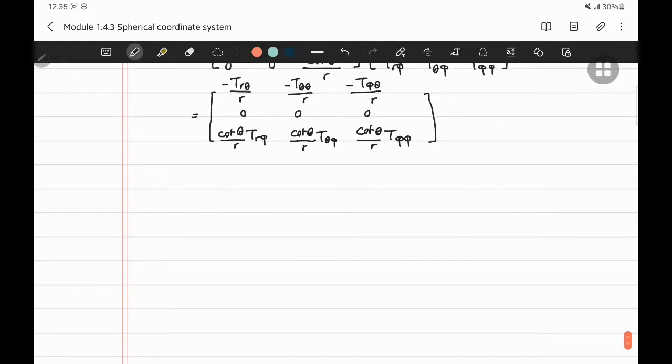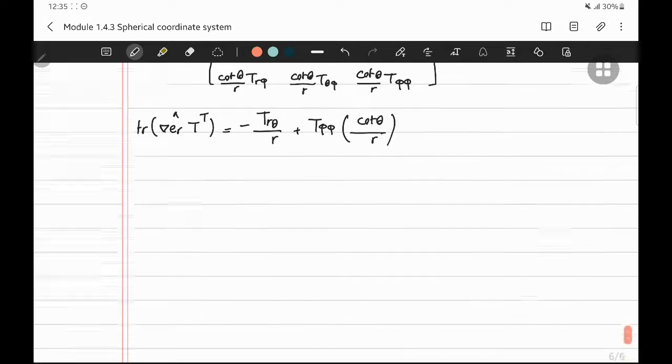And now we have the trace of this. So the trace is basically summation of the diagonals. So this is minus T_R theta divided by R plus T_phi phi times cotangent theta divided by R.